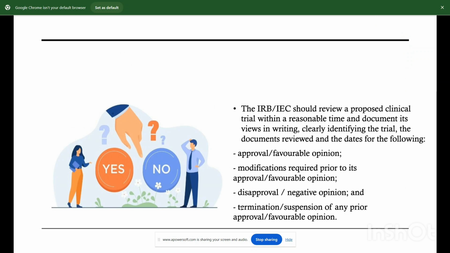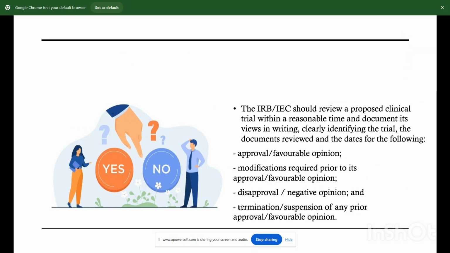After reviewing the proposed clinical trial, the EC will take a decision about the study. They can give approval for the study, or, based on the study-related information, they can request modifications in the trial as per their requirements.